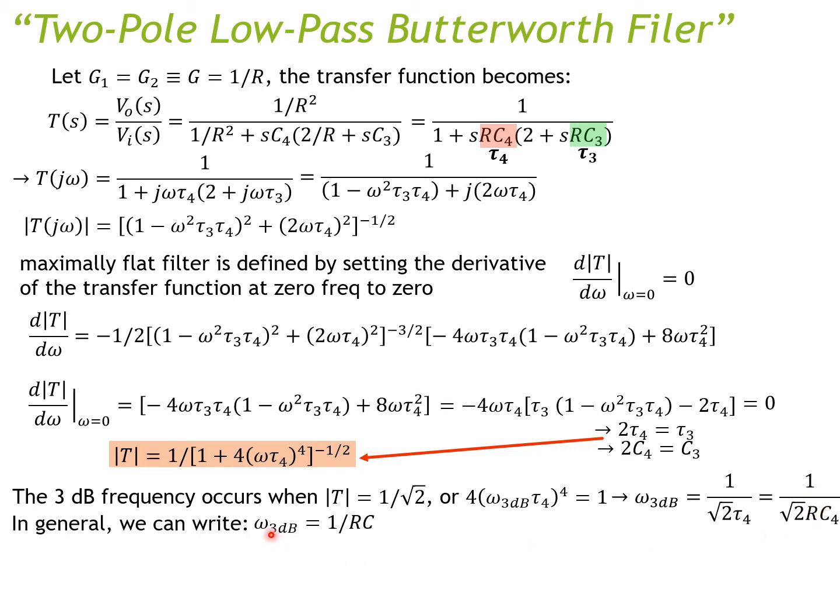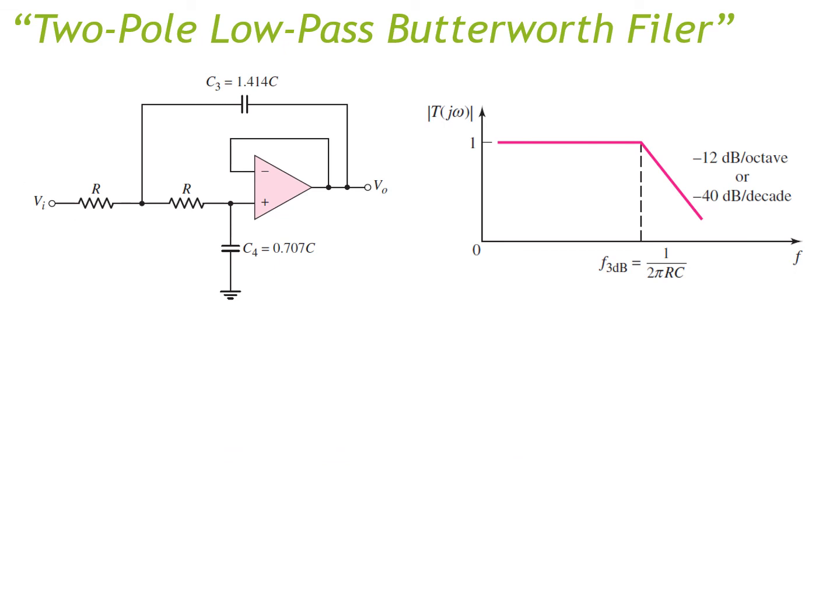Generally, we can write it simpler as omega 3 dB equal to 1 over RC. If we use this equation and this equation together, C4 is going to be equal to 0.707 of C, and C3 is going to be 0.141 of C. So now we can simplify the circuit like this.